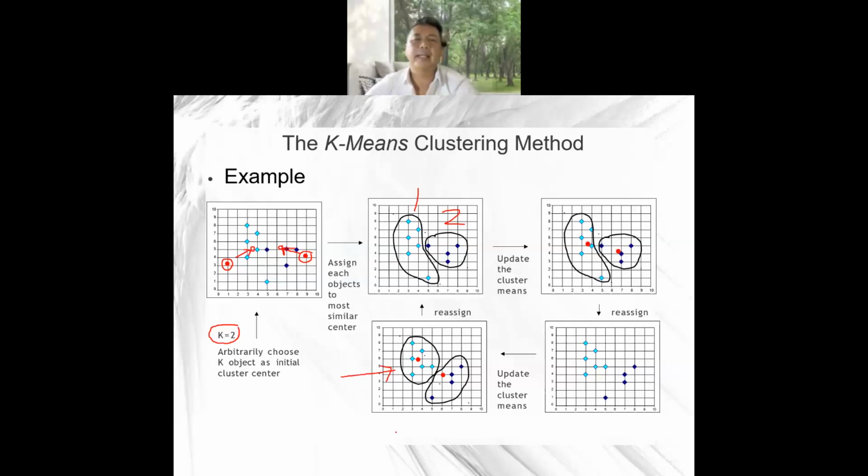So basically in K-means clustering, we tell them how many clusters, and they will randomly pick the center of the clusters. Then they assign all the remaining members to the nearest center, and we repeat.